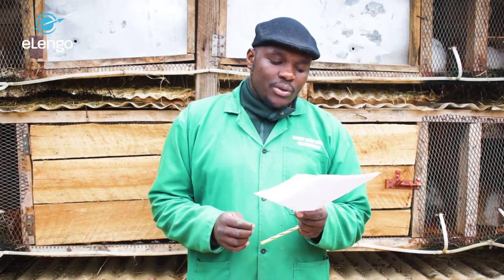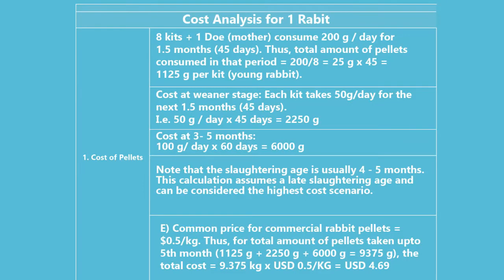The next part is that at 5 months, the rabbit will now be ready for slaughter. The total pellets consumed will be 1.125 kilograms plus 2.25 kilograms plus 6 kilograms, meaning you have consumed 9.375. If you round that off, it's 9.4 kgs of pellets. The common cost of pellets is around $0.5 US per kg.